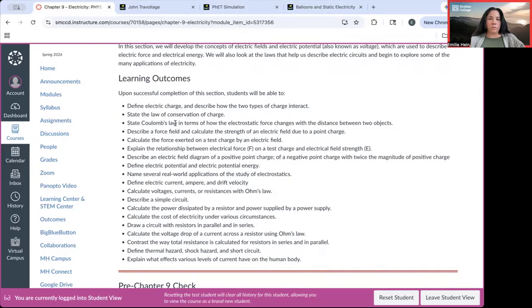We will go into the concept of an electric field. So this is going to be somewhat similar to a gravitational field, except that now we're focusing on that electric charge. And we'll see that this has consequences in terms of how we use electricity, where it comes from.